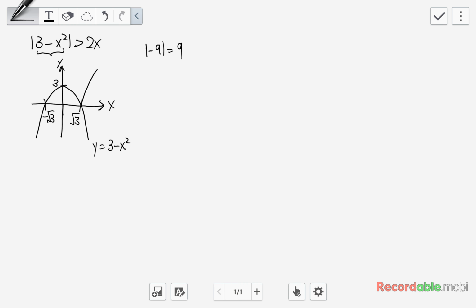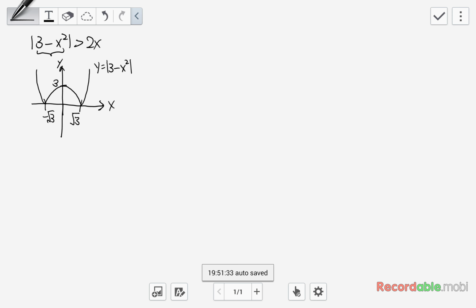Not this way, but this way. It will be a reflection of this part on the x-axis. My drawing is not exactly accurate, but it should look something like this. Just sketching, right? This is the modulus of the y equals 3 minus x squared graph.